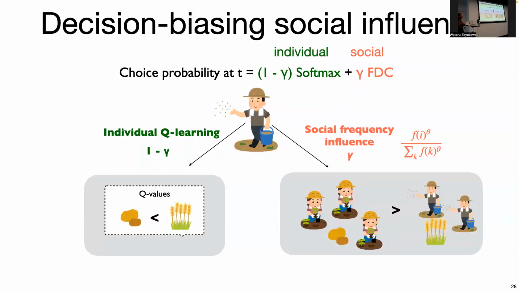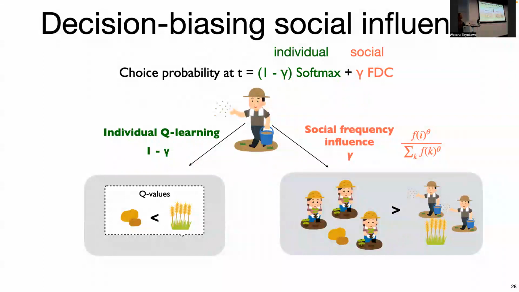When you observe there are 3 people planting potato and 2 other people planting wheat, you are more likely to follow this majority option, and the higher the proportion, the higher the probability. So you are proportionally more likely to copy this majority option.